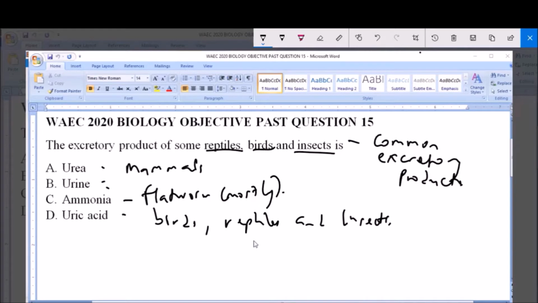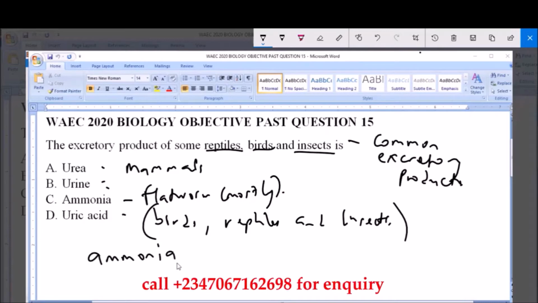excretory systems. They excrete a common excretory product, which is the uric acid. So this occurs due to the fact that in the excretory process, ammonia is always produced in almost every organism.